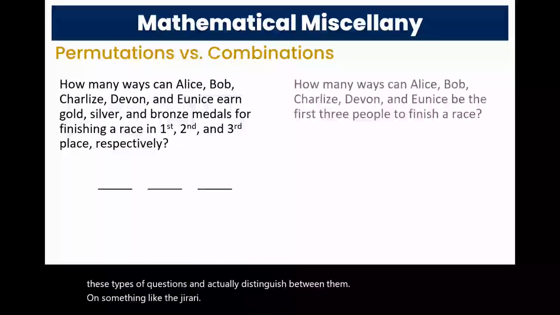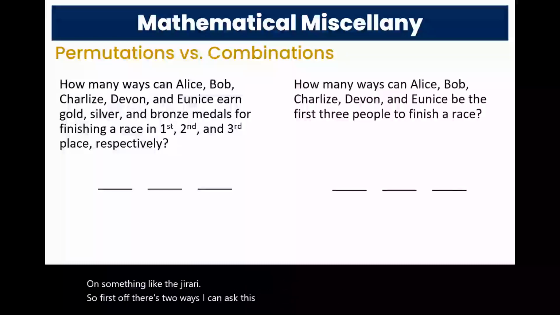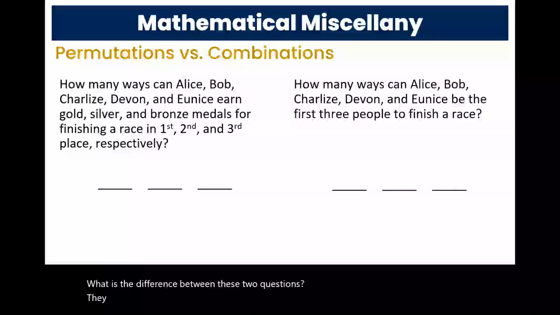First off, there are 2 ways I can ask this question. What is the difference between these 2 questions? They are distinct from each other. In what way are they distinct?